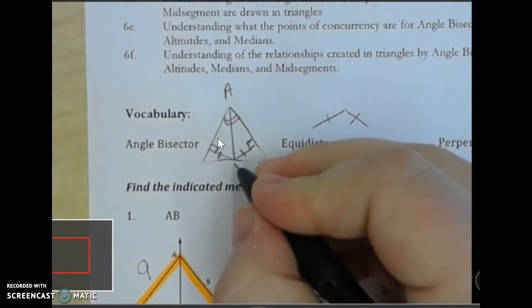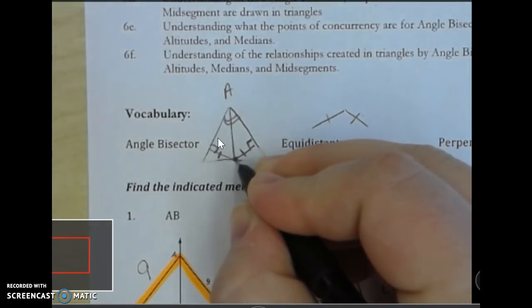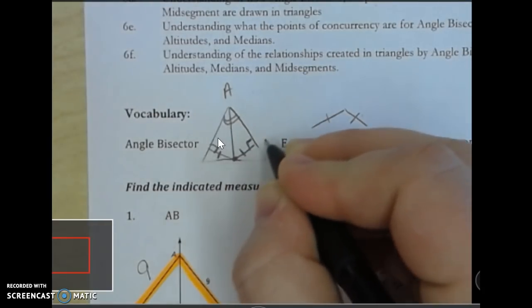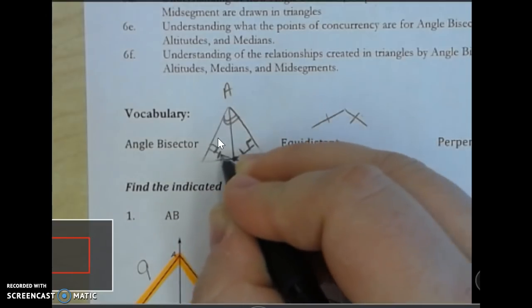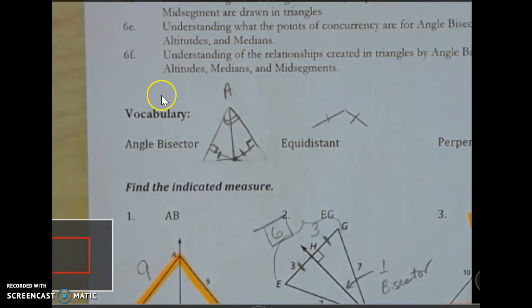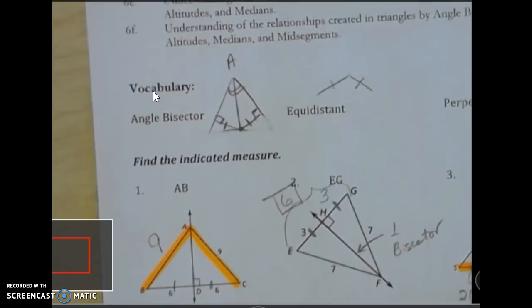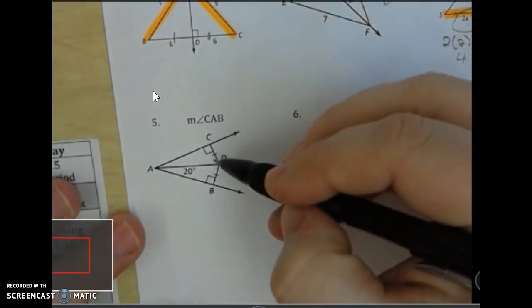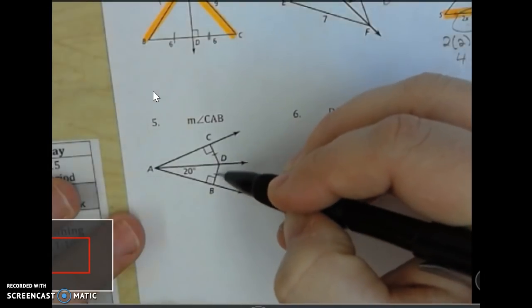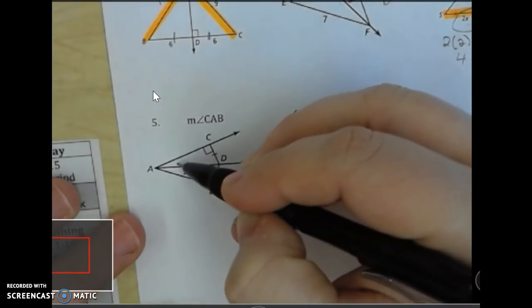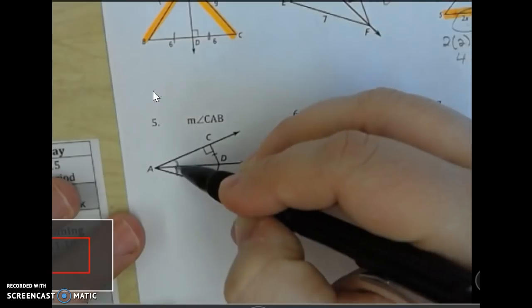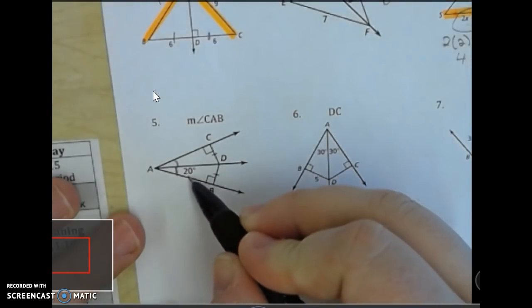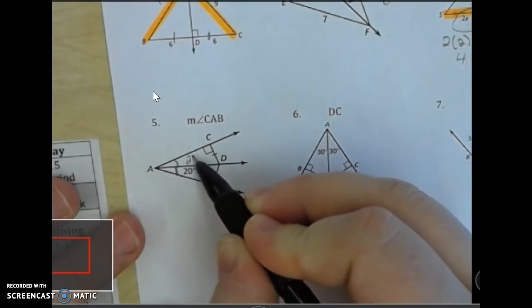But when I go from the angle bisector to the sides of the angle, if I make them perpendicular, then those two pieces have to be equal. Looking down here, it might make a little bit more sense. Since this piece, C to D, is equal to D to B, that means that these angles have to be equal. So if this bottom angle is 20, this top one's 20.